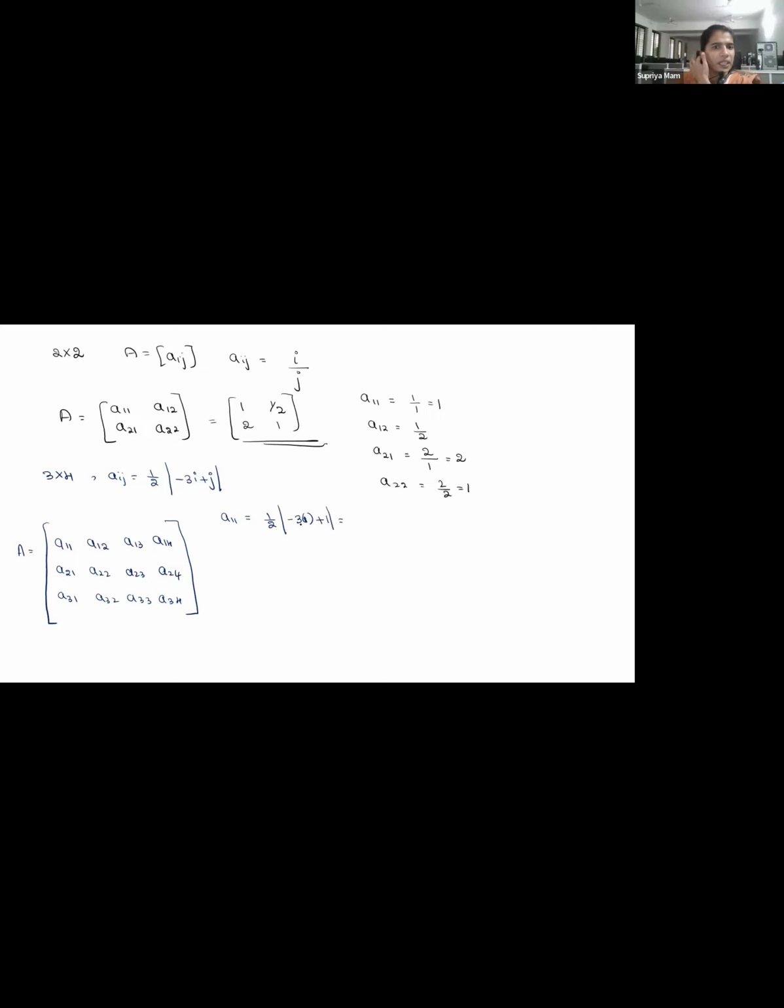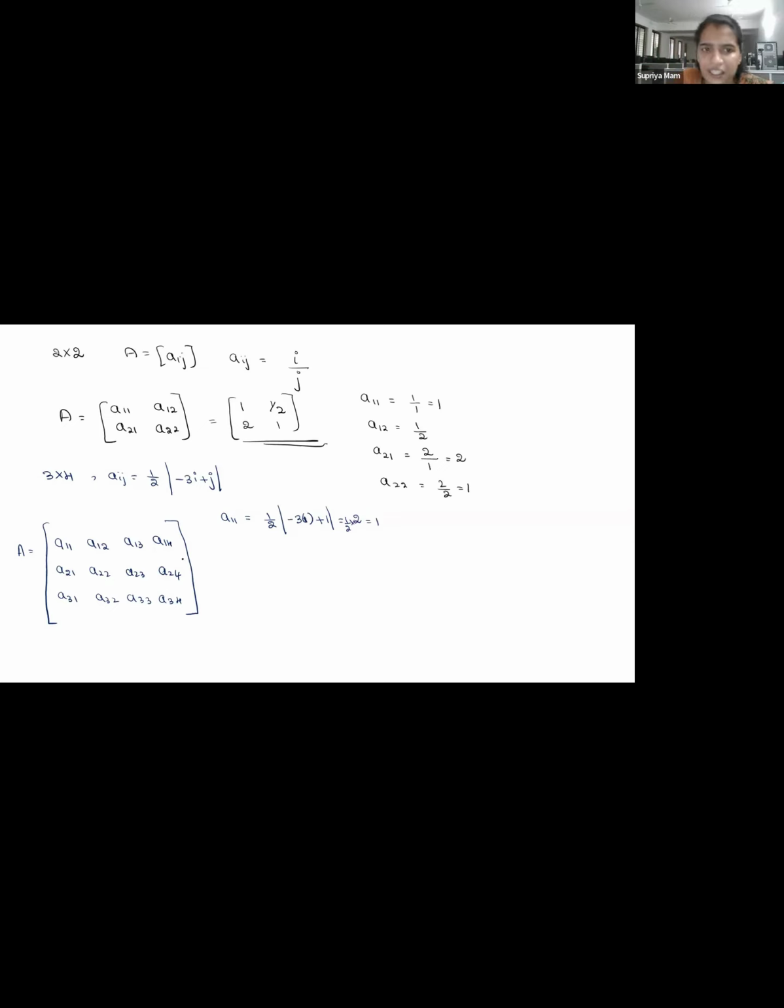Simplify, madam. 3 into 1 is 3. Minus 3 plus 1 is minus 2. Modulus of minus 2 is 2. Half into 2 is equal to 1. Yes, very good, very good.